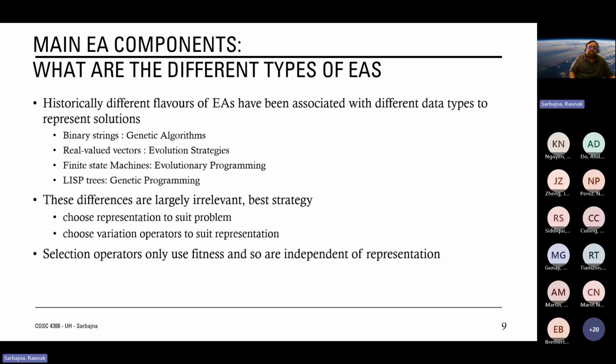And finally, Lisp trees or regular expressions can also be used for genetic programming. But Lisp trees overall have fallen out of fashion. If you're still interested in genetic programming, there are still different approaches that people are using, but overall they're no longer widely used.